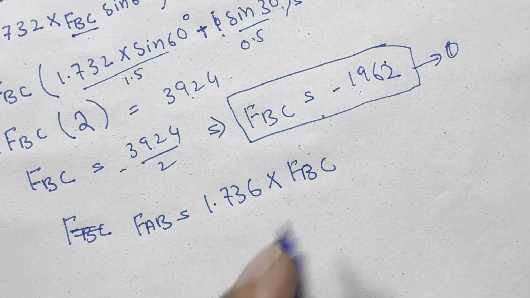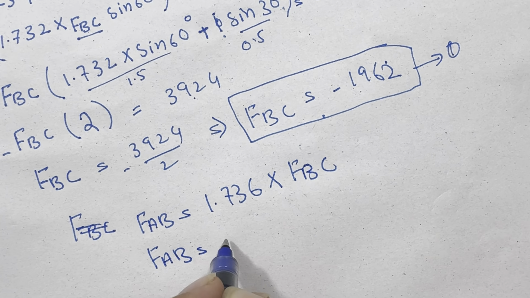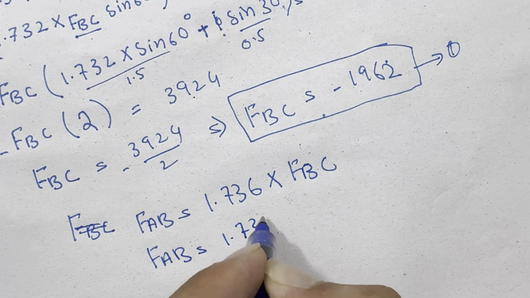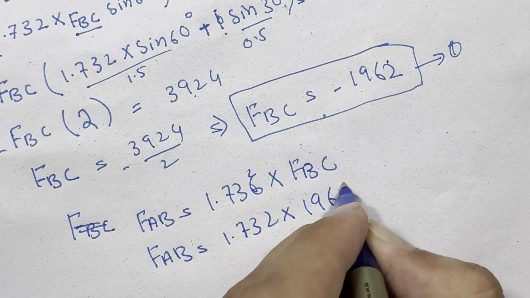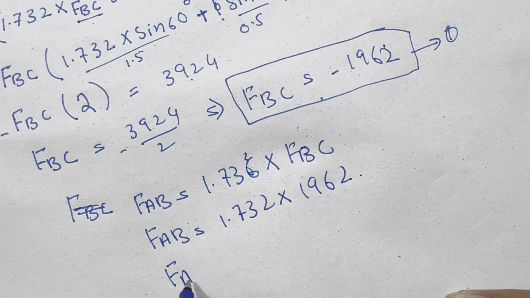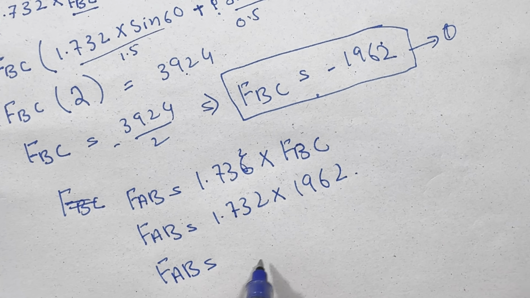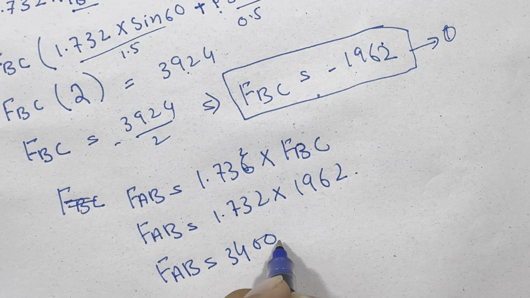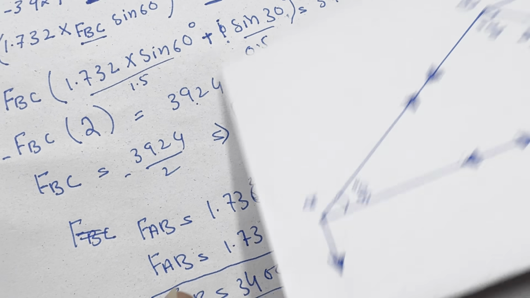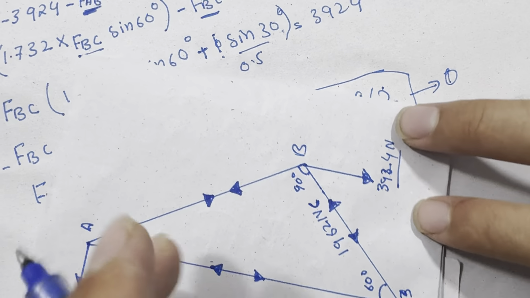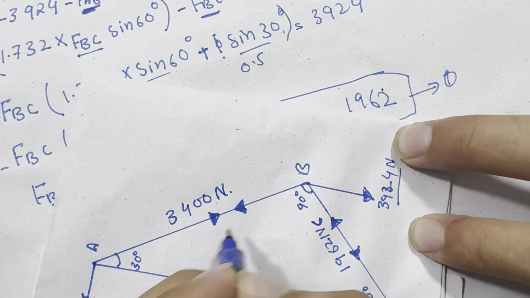The value of FBC is 1962, so FAB equal to 2 multiplied by 1962, which is approximately 3400 Newton. So I also calculated the load in member AB, which is 3400 Newton, in tension.